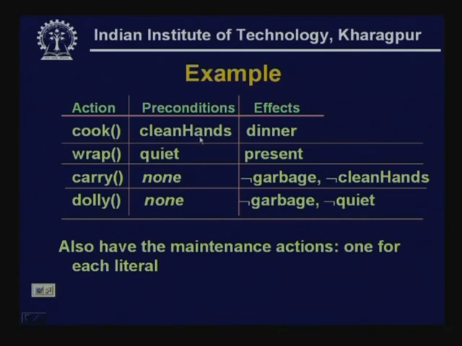Cook has clean hands as precondition and dinner as effect. Wrap has quiet as precondition, present as effect. Carry has no precondition, no garbage and no clean hands as the effect. Dolly has no preconditions, no garbage, not quiet as the effect. In addition to these 4 actions, we also have all the maintenance actions, so 1 for each literal.